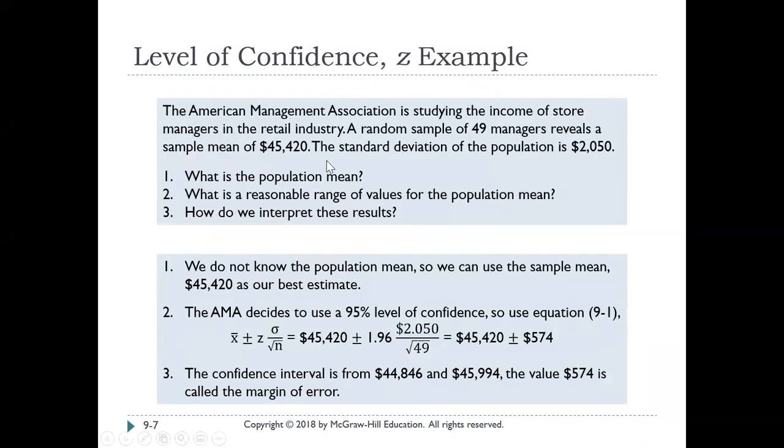In this example, I'll leave this one up to you. But essentially, the thing to note is here's the standard deviation, 2.050 divided by square root of n, which is 49, and then 1.96 for a 95% confidence interval.